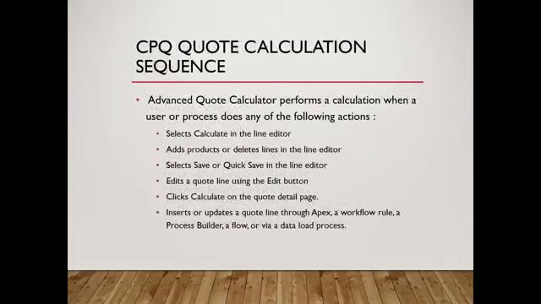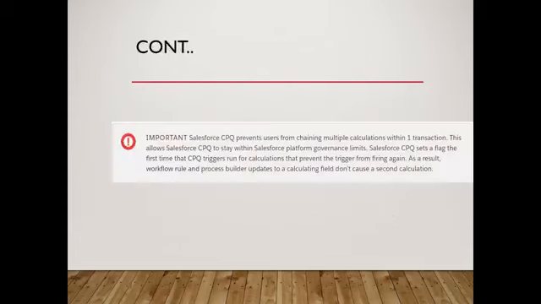Then we completed the CPQ calculation sequence, like when your actual calculation will start, and then we completed the calculating field set, right? This is the important thing given as well. You can read that. Multiple things are there. For example, you edited a quote line and changed quote level fields, so multiple things happened at the same place on the quote object, and all price rules will not run.